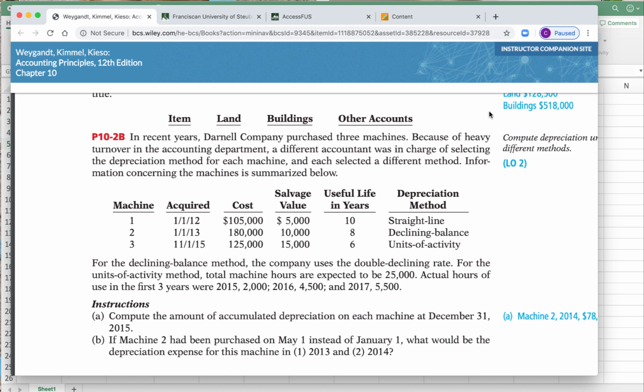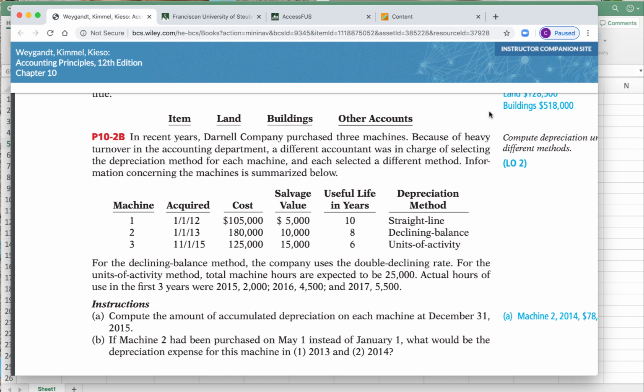The only catch is if you do one method, you pretty much want to stick with that method, right? You wouldn't want to go from straight line to double declining or double declining to straight line. The method that we use is based on management's choice.